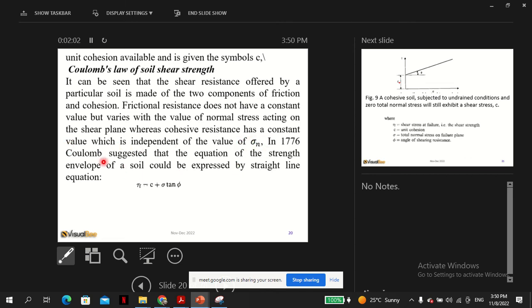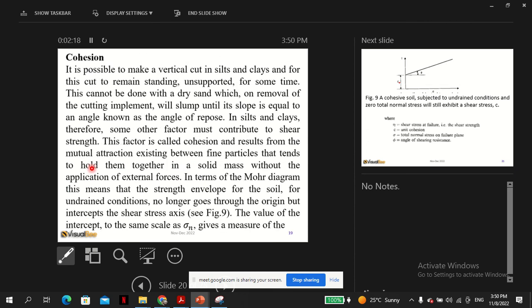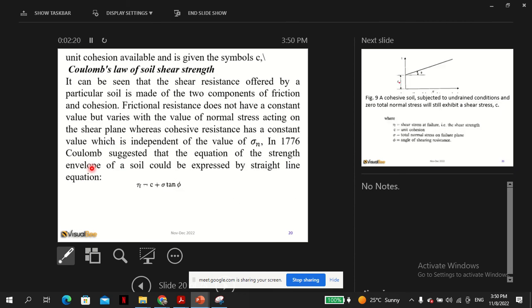So in 1776, Coulomb suggested that the equation of the strength envelope could be expressed as a straight line this way. I'll try to make it a little clearer.